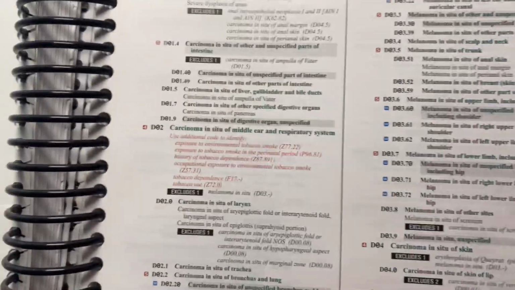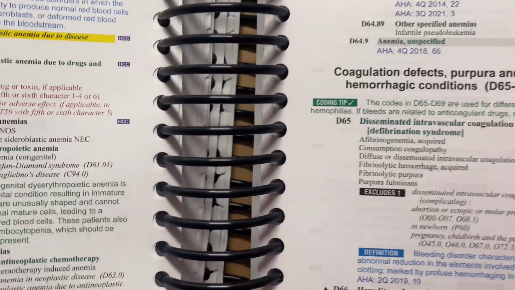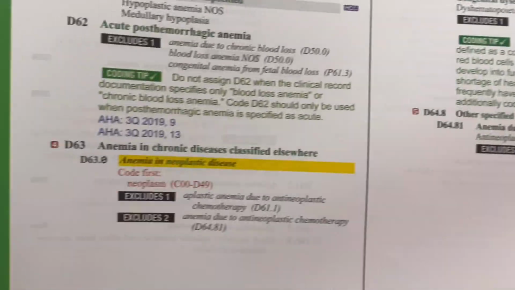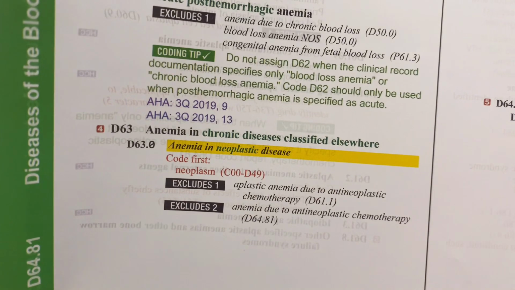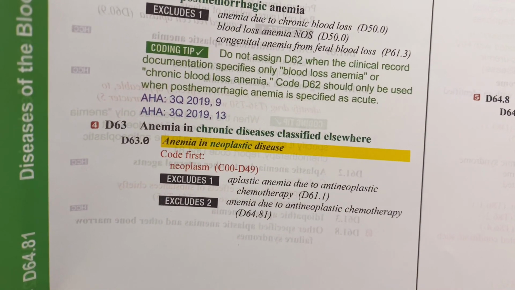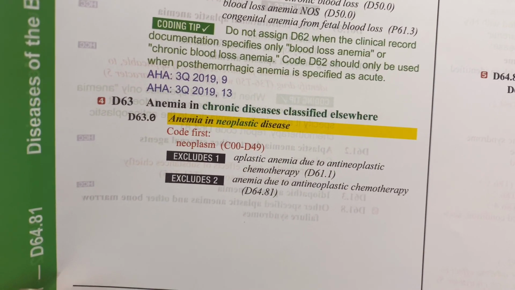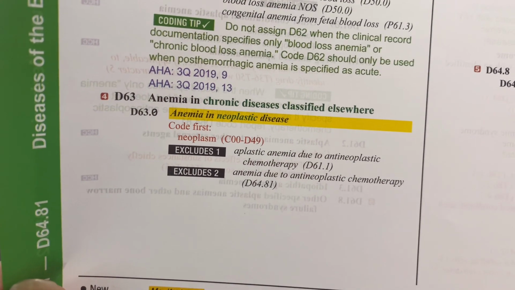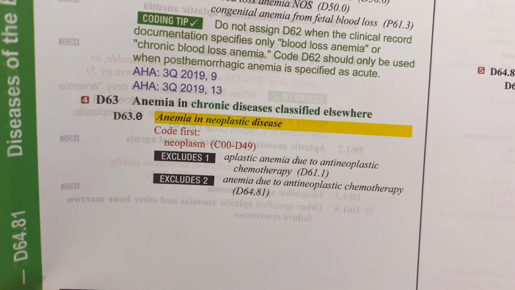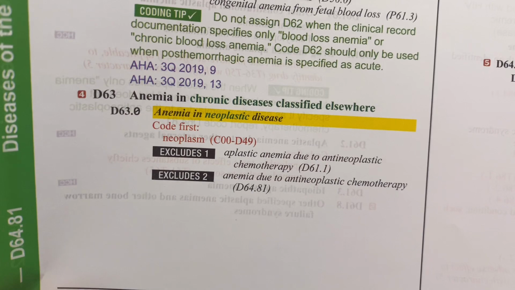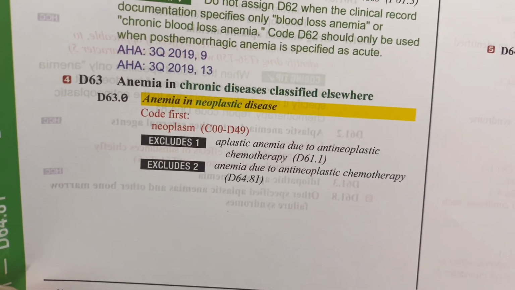Alrighty, so now let's look up that D63 for that leukemia or anemia in neoplastic diseases. And right here, you see that it says anemia in chronic diseases classified elsewhere. Code first neoplasm, C00 through D49.